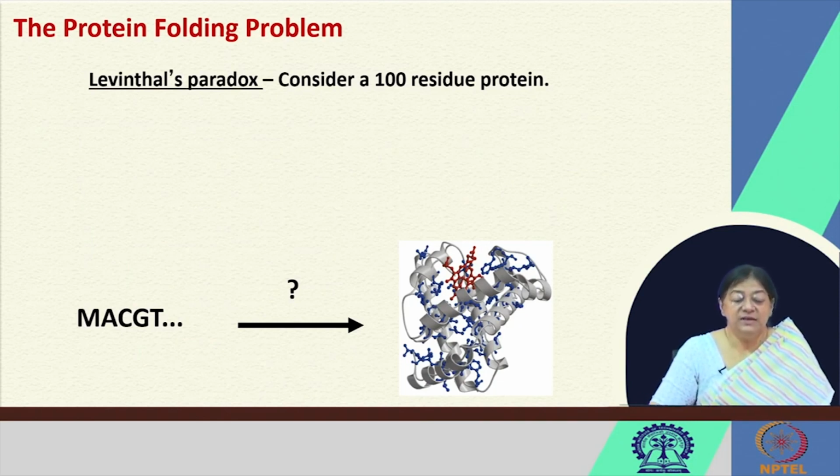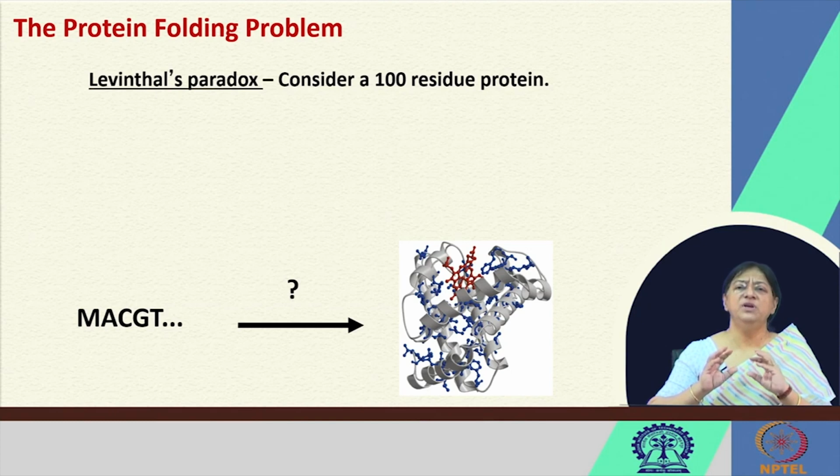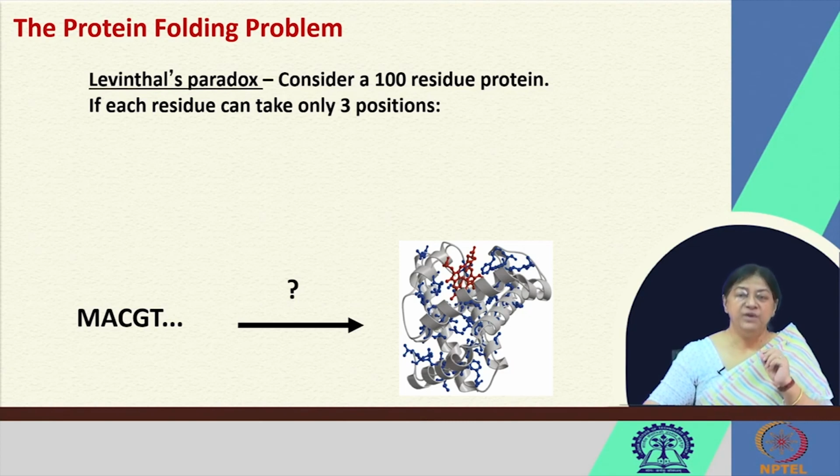Now, interestingly, there is a protein folding problem, as it is called, and a Levinthal's paradox. Consider a 100 residue protein, given that we have knowledge of the possible rotations about the single bonds. Say each residue can take only 3 positions.